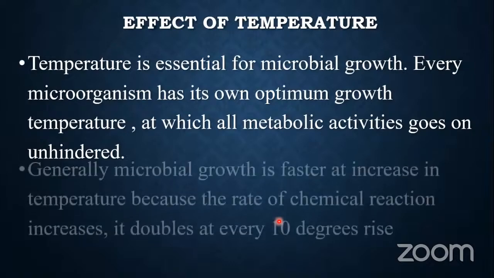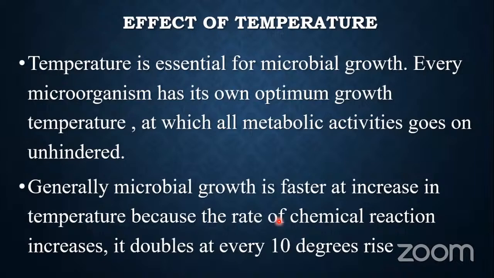Every microorganism has its own optimum growth temperature at which all metabolic activity goes unhindered. The optimal temperature of every organism is the perfect temperature for its growth. They grow faster at increasing temperature because it allows the rate of chemical reaction to increase. And this doubles at every 10-degree rise.